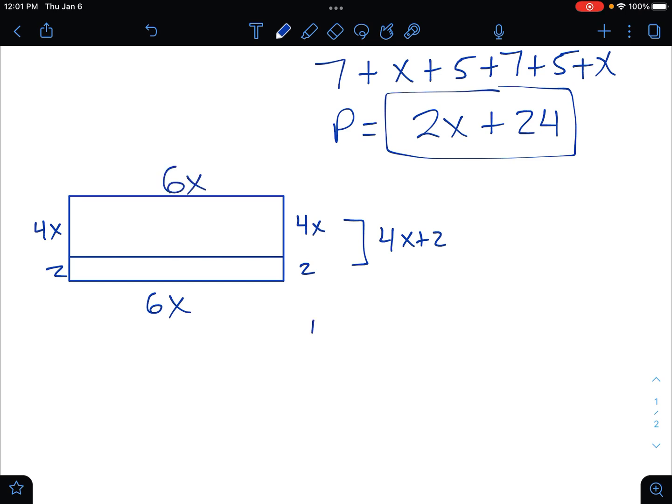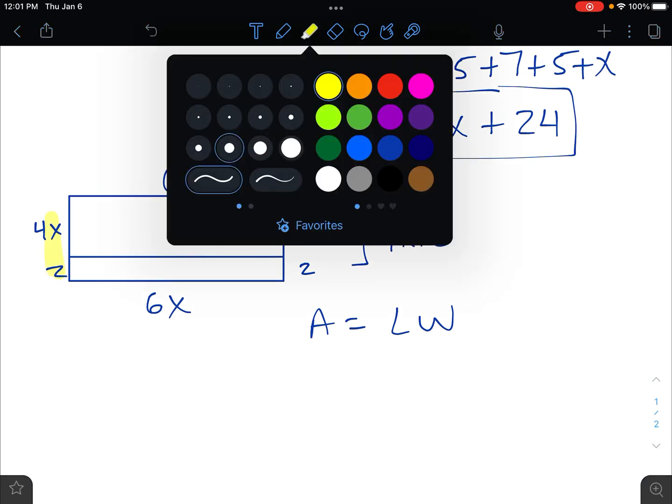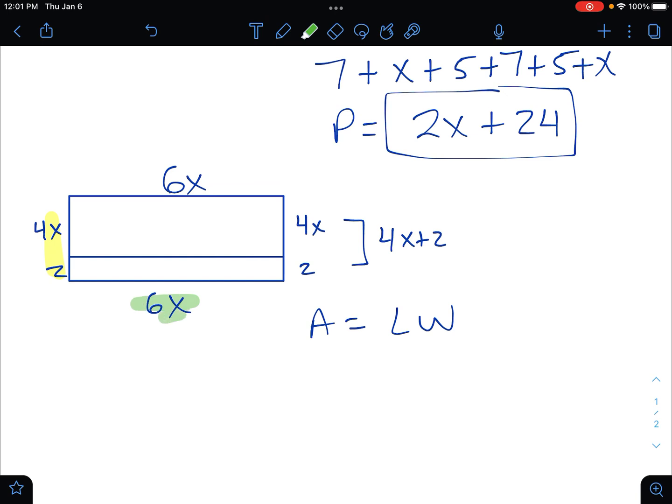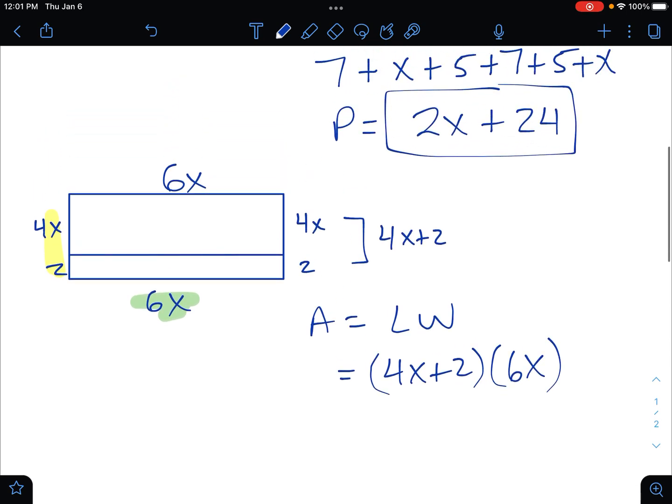So for our area, we would do length times width. We could call this the length, and the other side the width. Again, that part doesn't matter. So it would be 4x plus 2 times 6x. We could then find each piece.